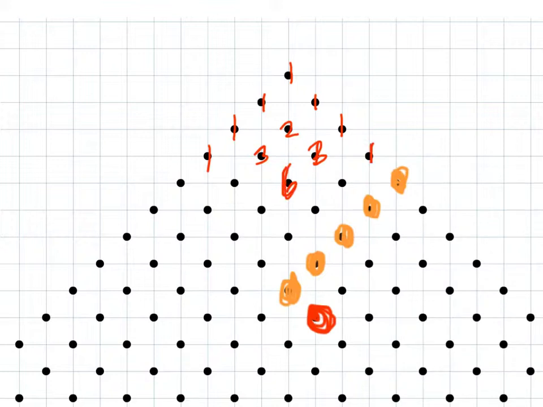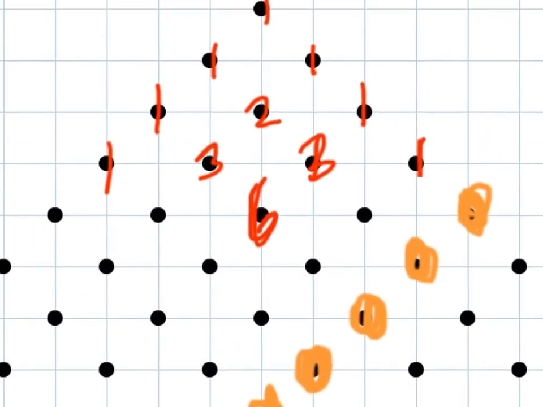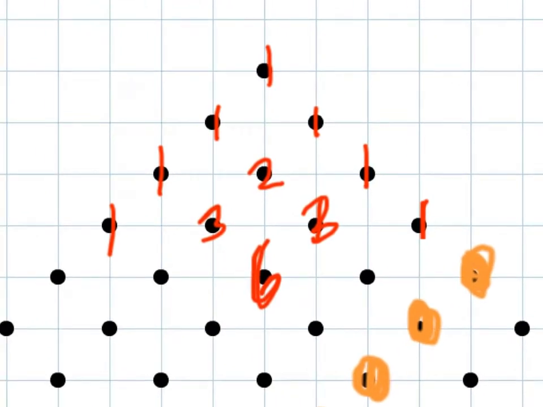So let's think about why this number is a 6 in terms of paths. Well, let's zoom in. How many ways are there to get to this location?